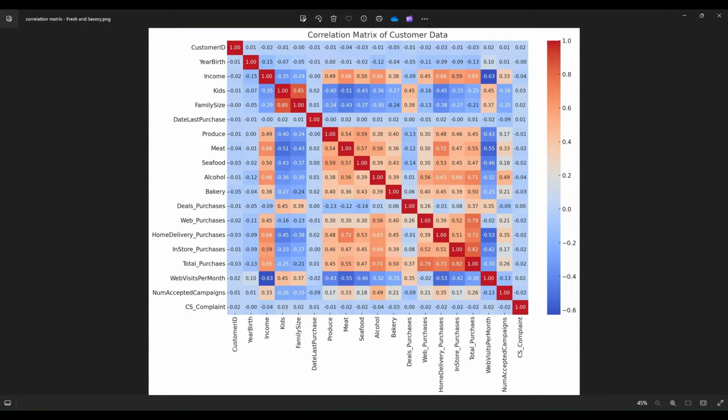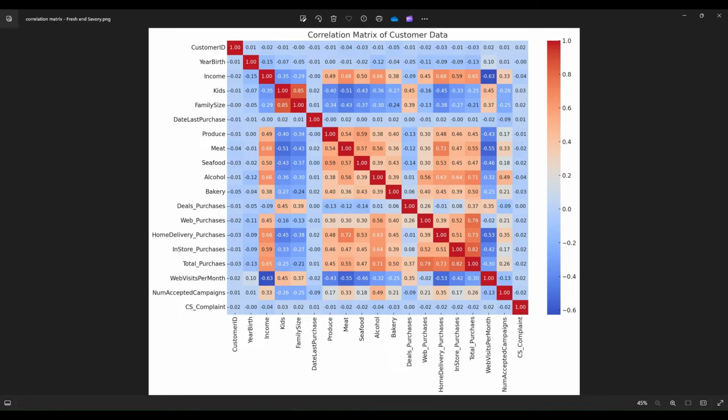Here is ChatGPT's interpretation of this correlation matrix. For income and spending, it says that there's a positive correlation between income and spending in various categories, such as produce, meat, seafood, and alcohol. This indicates that higher incomes are associated with higher spending in these categories.